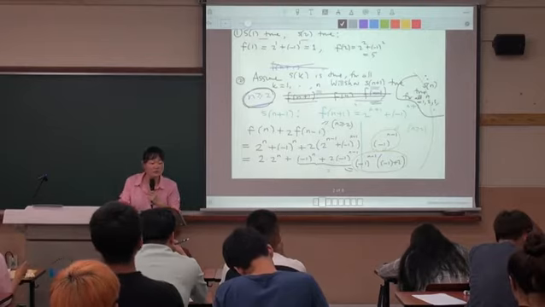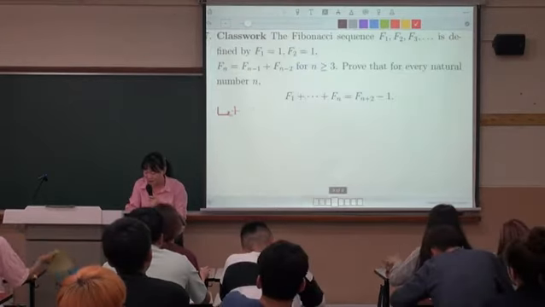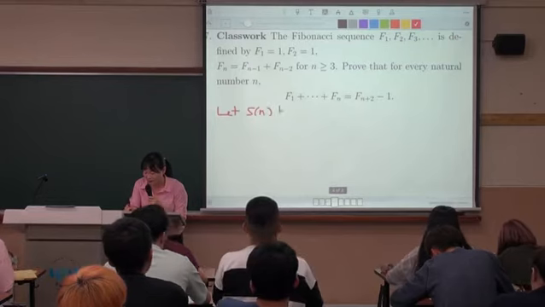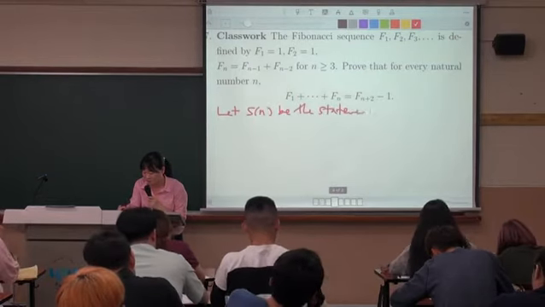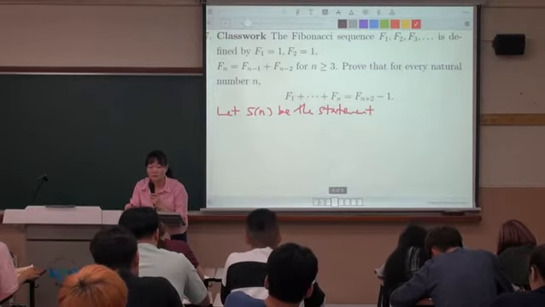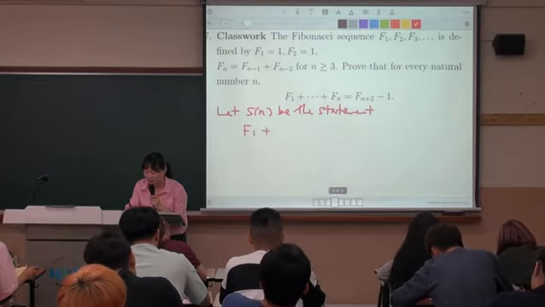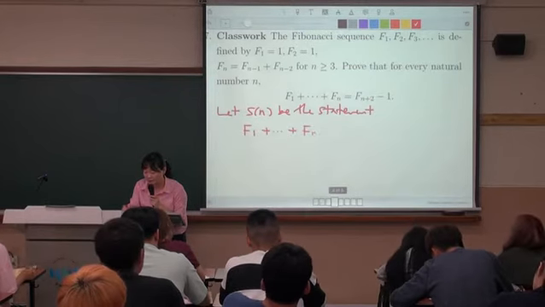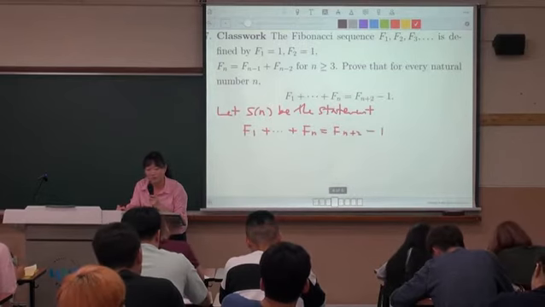Go ahead and do the classwork. Let S sub n be the statement. What's S n? F1 plus dot dot dot plus F n is F n plus 2 minus 1.